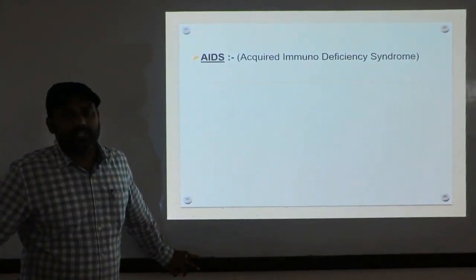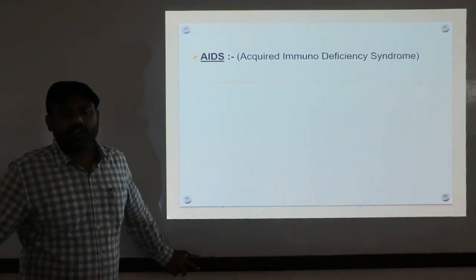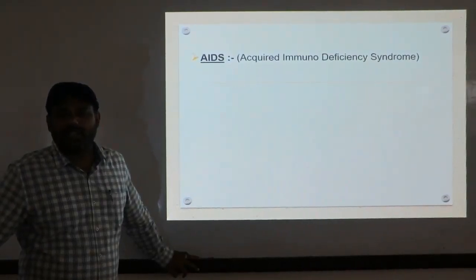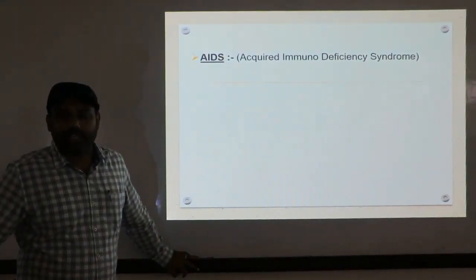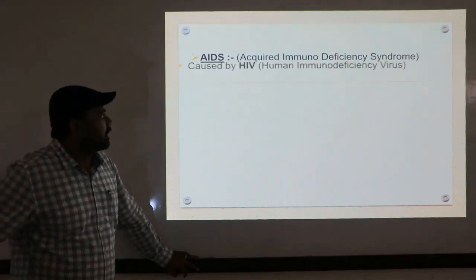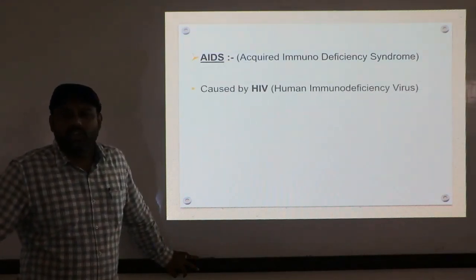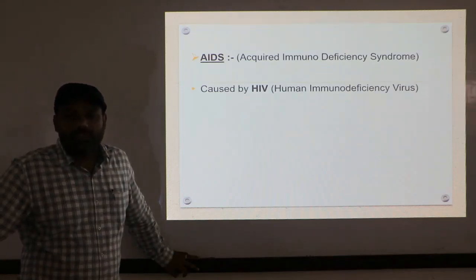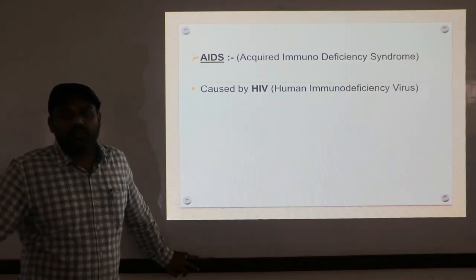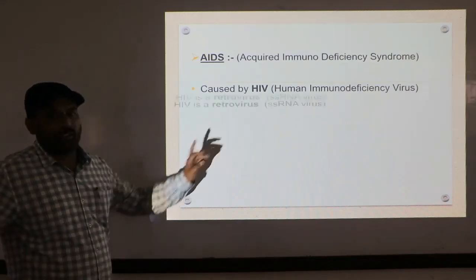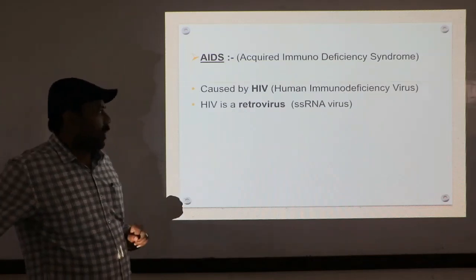For that reason, many infections or diseases may attack the AIDS patient. Next, the causative agent is HIV, that is human immunodeficiency virus, the virus which reduces the human immune system.